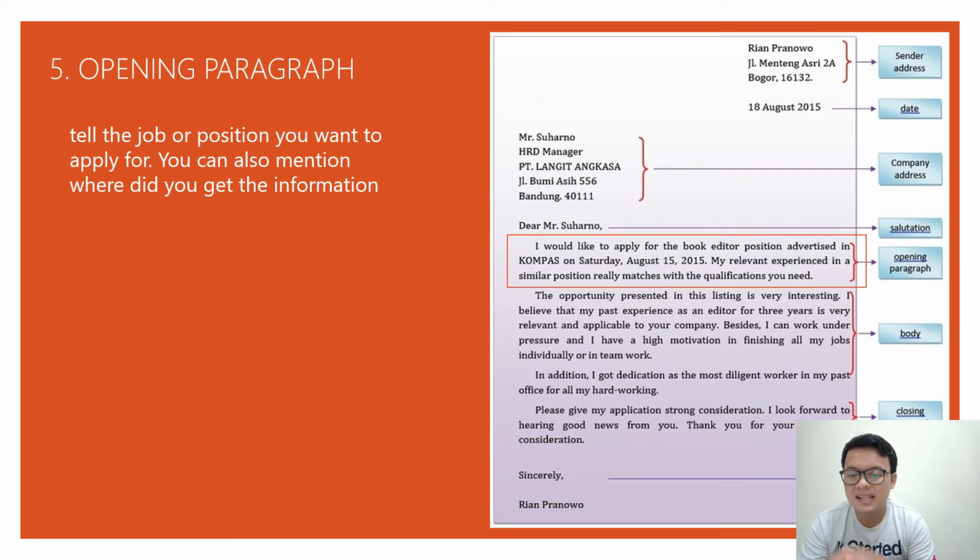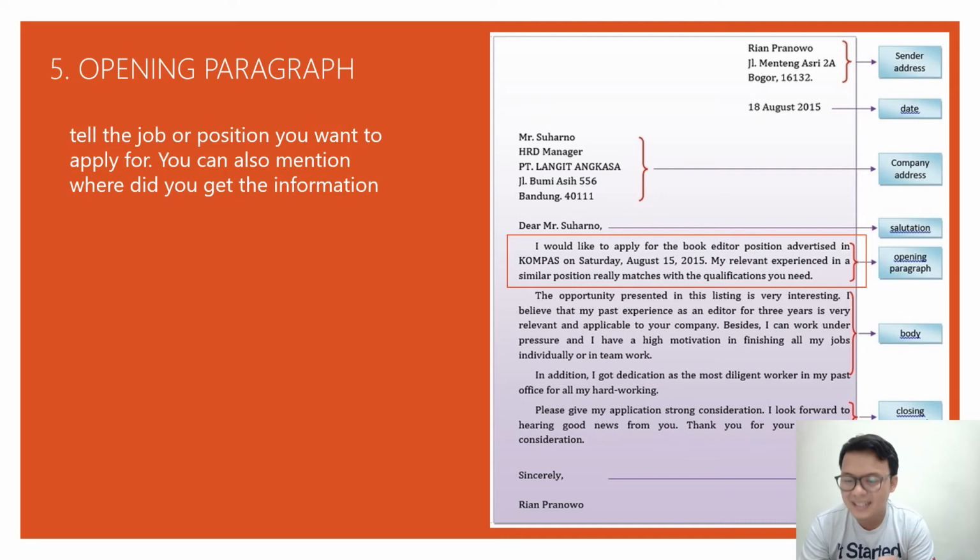If you see it in the example, it says, "I would like to apply for a book editor position." So the position that Rian Pranowo wants to apply for is an editor position, right? We just advertise it in Kompas.